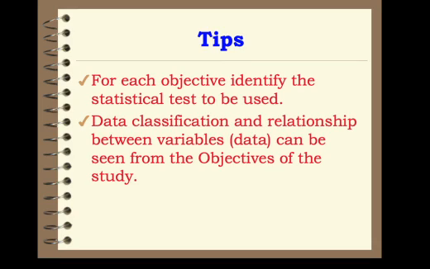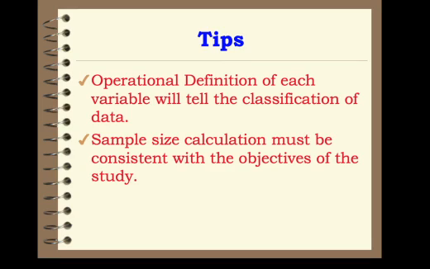Both can be seen from the objectives of the study. So you look at the objective, identify the dependent and the independent variable, then look at the operational definition of each variable, and they will tell us the classification of data.